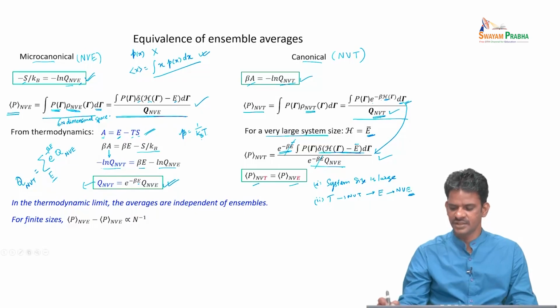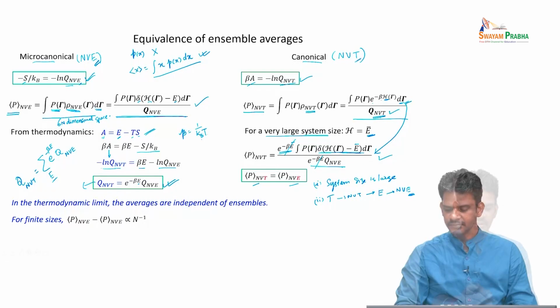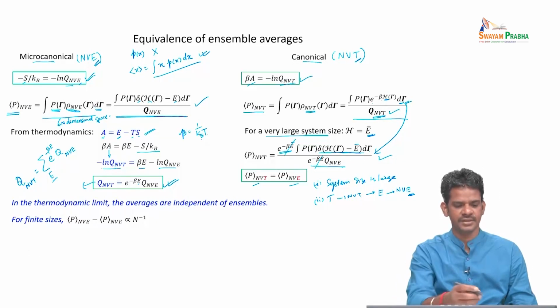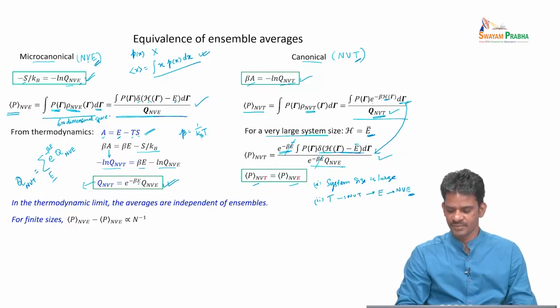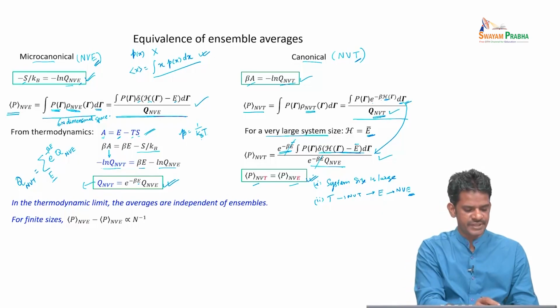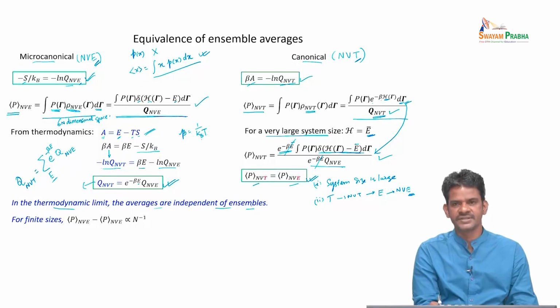So, this E here, so the temperature that is fixed in the canonical ensemble should yield an energy which is fixed in the microcanonical ensemble. So, provided these conditions are satisfied, then one can show that the average property measured in either of these ensembles should be similar. So, the conclusion is, in the thermodynamic limit, the averages are independent of the ensemble.